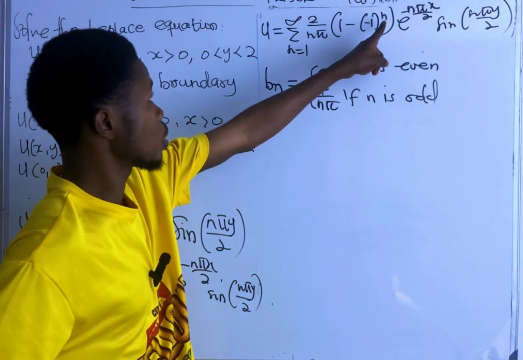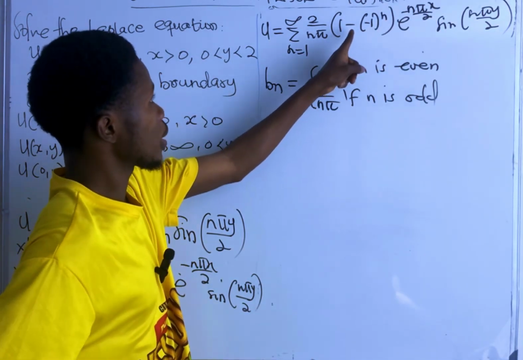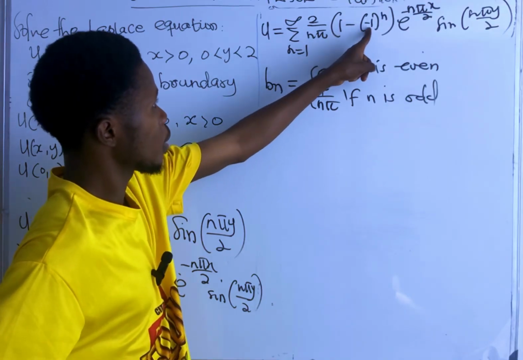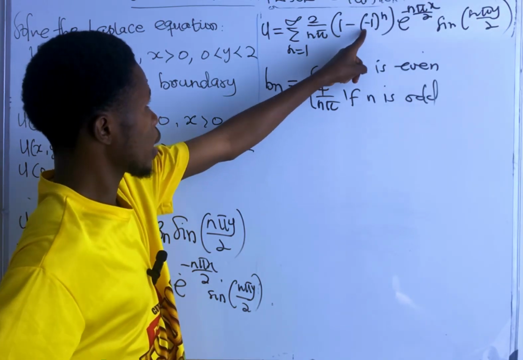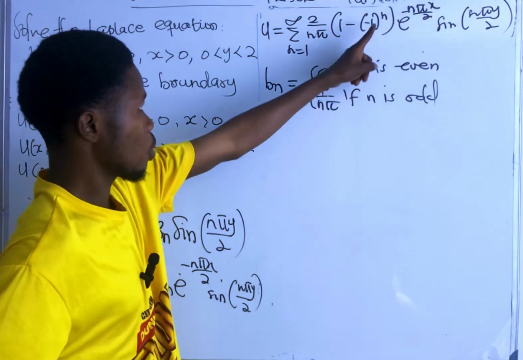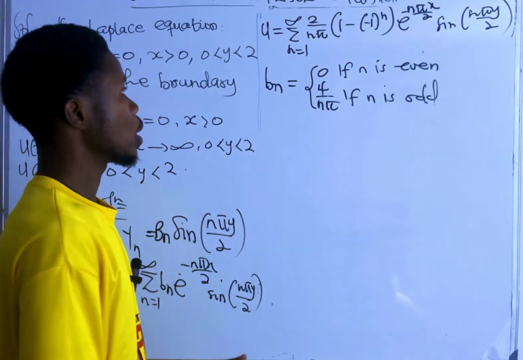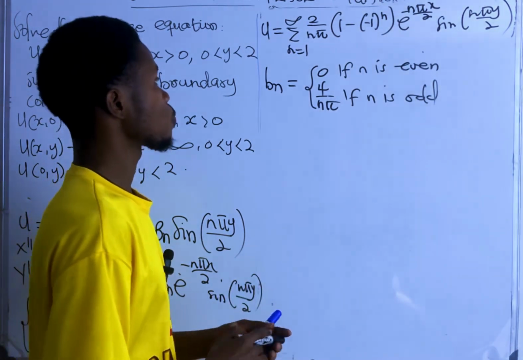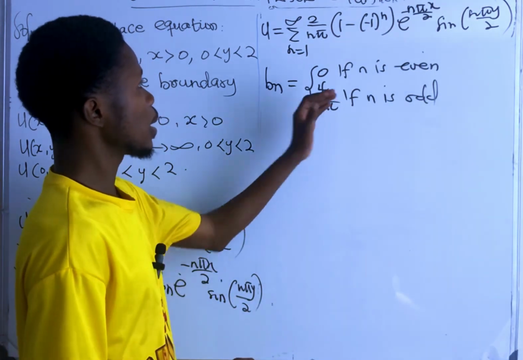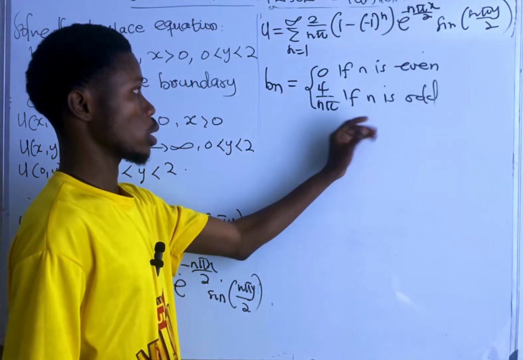Because here, if I put 3 here, this is going to give us negative, that's positive 1, positive 2. So positive 2 times 2, that will give us 4. When it is 5, you still get that, that gives us 4. So this is what you get. So that's what you're going to do. It tells you that anytime it is an even number, we get 0. But when it is odd, we get this.